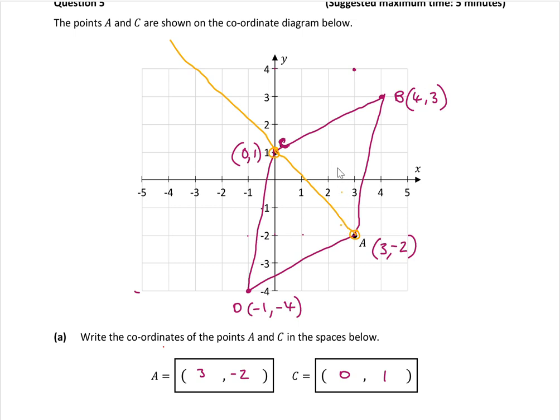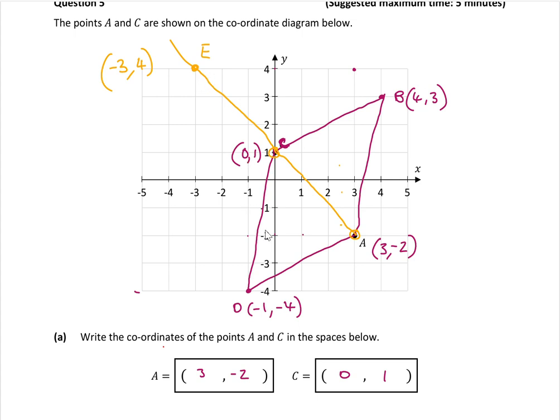So 1, 2, 3. So in fact, if it's in the midpoint, then my other one is going to be 3 up and 3 over here, which would be there. Okay, so what is that? That is minus 3, comma, 4. So I think that is E there at that point.